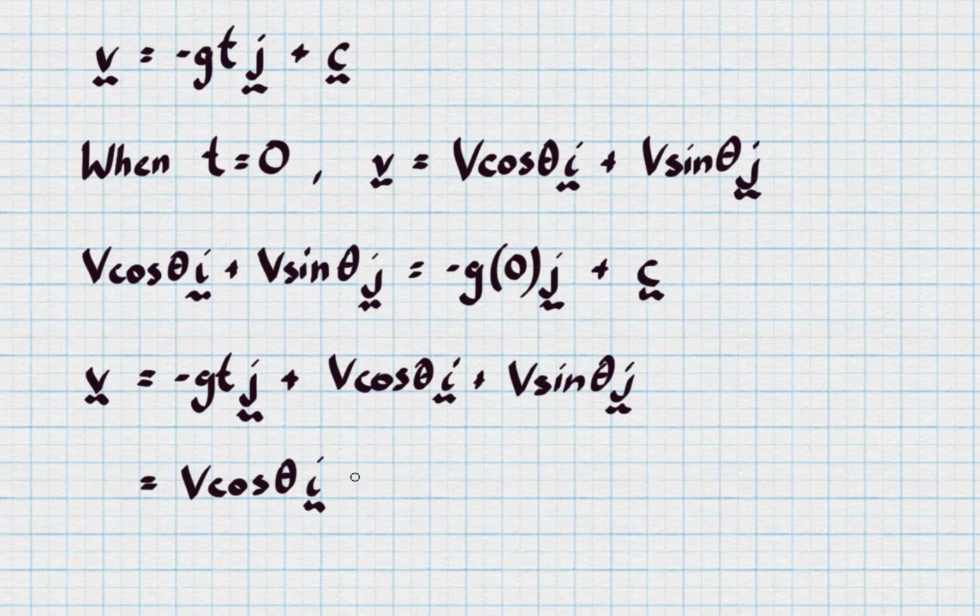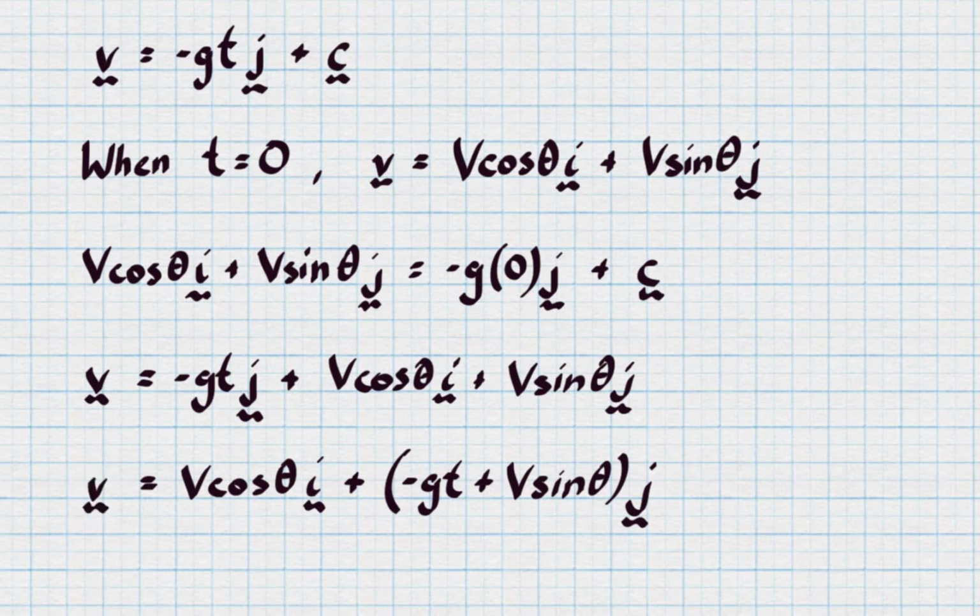However, it is the vertical component that does change. And so we have this minus gt part plus the initial vertical velocity. And so this is the expression for the velocity vector of a projectile at any point during the flight.